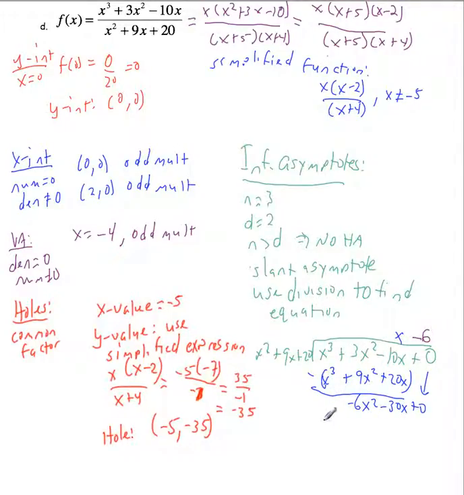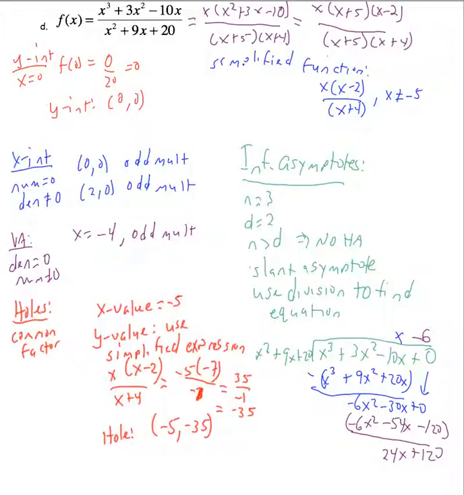Multiplying gives negative 6x squared minus 54x minus 120. Then we subtract. Negative 30 minus negative 54 is positive 24x, and 0 minus negative 120 is plus 120.